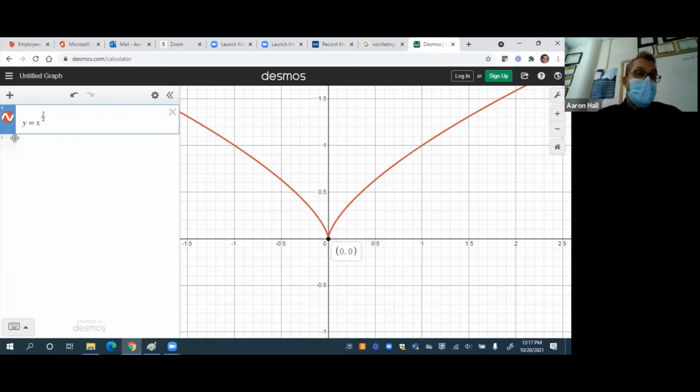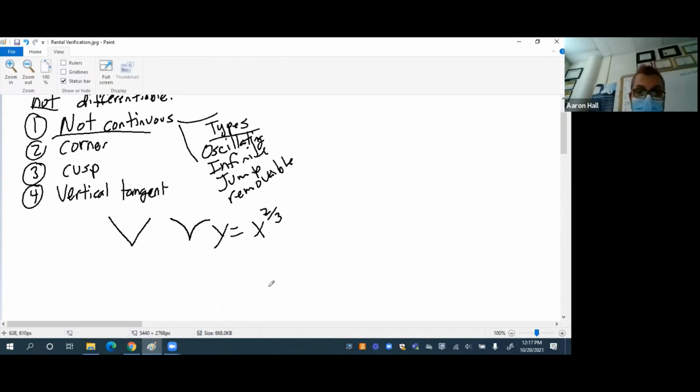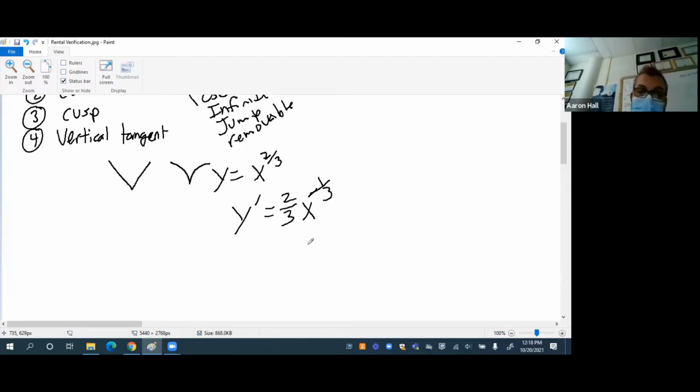And we can also do it algebraically to show that it's not differentiable at that point. How can I show this algebraically, at x equals 0? Well, let's differentiate it. What do we get? Power rule. You get 2/3 times x to the negative 1/3. And so we have a negative exponent, so we move that to the denominator using our negative exponent rule.